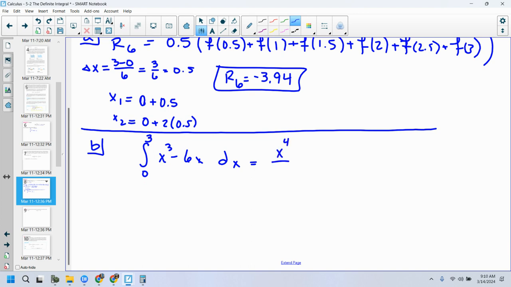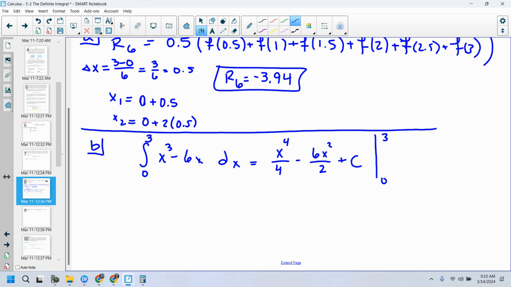X to the fourth over 4 minus 6x squared over 2 plus c, right? And then I want to evaluate that antiderivative only on a given interval. Here's what the notation looks like. It's a vertical line stretching above and below, where the top number is the upper limit and the bottom number is the lower limit.